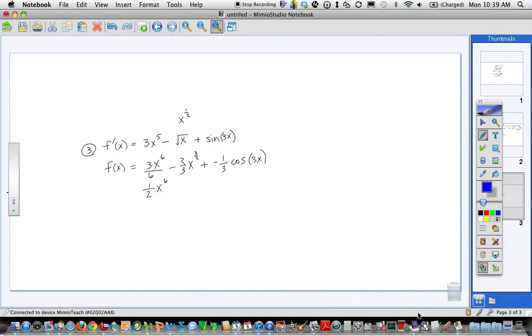Now again, if you say, where did that 1/3 come from? You would have seen it with the check. Because you just said, the derivative of cosine is negative sine, which would cancel out that negative. The inside always stays the same. We'd have to kick out a 3. Well, it's a good thing the 1/3 is there, because if I kick out the 3, I need something to cancel it, because there isn't any 3 out there. So I need the 1/3. And then don't forget the plus c.